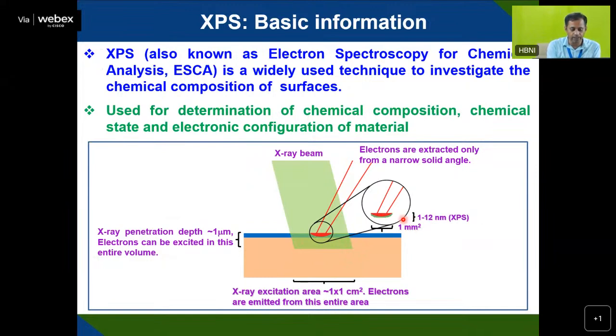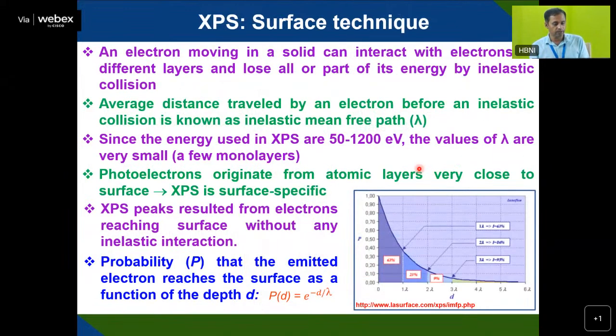X-ray penetration depth is maximum 1 micron, and electrons are excited in this entire volume, and the electrons extracted from the surface, the photoelectrons, we study in XPS. So XPS is mainly a surface technique, and electrons moving in a solid can interact with the electrons of different layers, in a crystalline or an amorphous material.